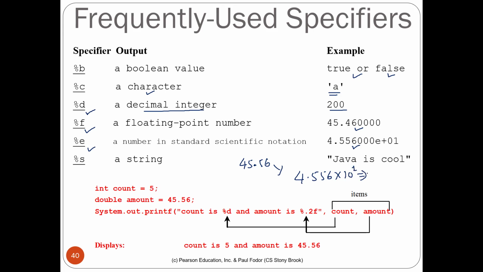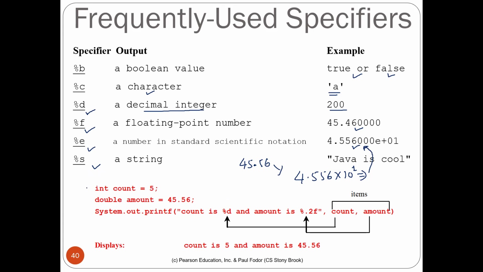It is written like this in scientific notation: 4.556 zeros e plus 01, which means multiplied by 10 to the power 1. And for a string, you should print it with percentage s.